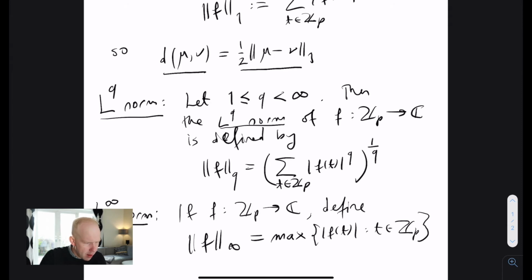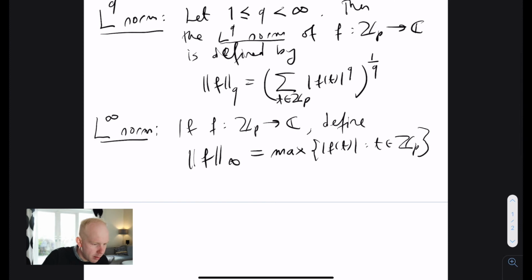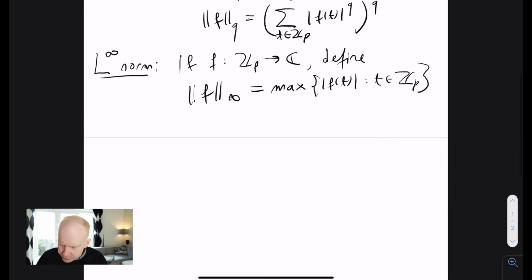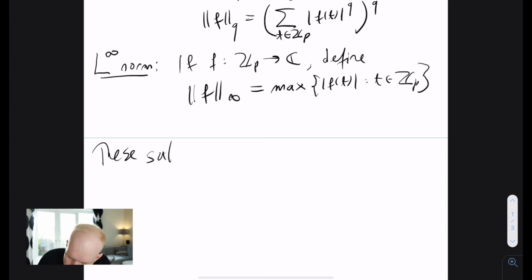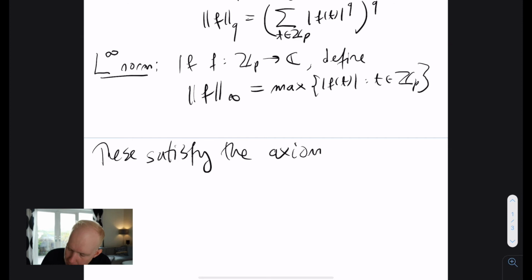And maybe I can give you a couple of properties that I should mention over here. I think the main property why we are calling these norms comes from the fact that these satisfy the axioms of a norm.